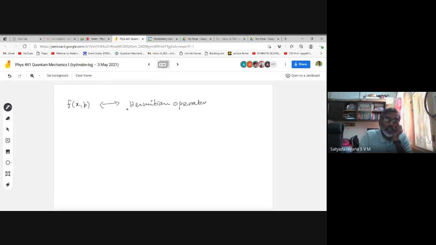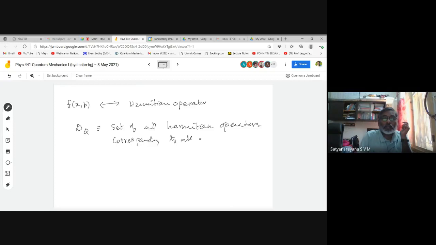Now you will have a set of all Hermitian operators, and let me call this as Dq, which is the set of all Hermitian operators corresponding to this classical phase space functions, okay, corresponding to all dynamical functions.